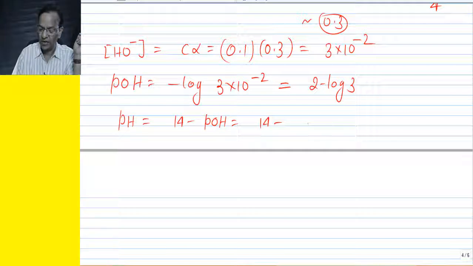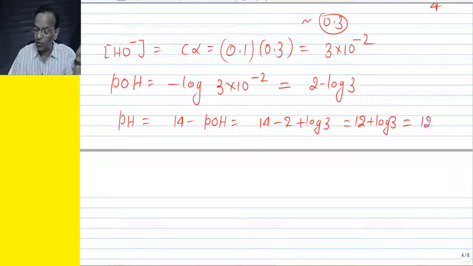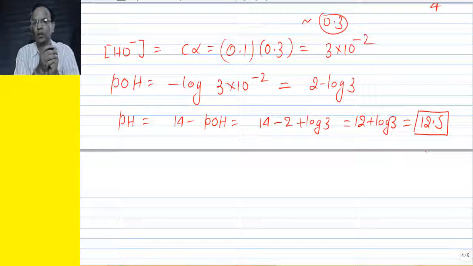So 14 minus 2 plus log 3. So it is 12 plus log 3. Log 3 is approximately 0.5. So it is 12.5. That is the way we solve the problems of salt solution.